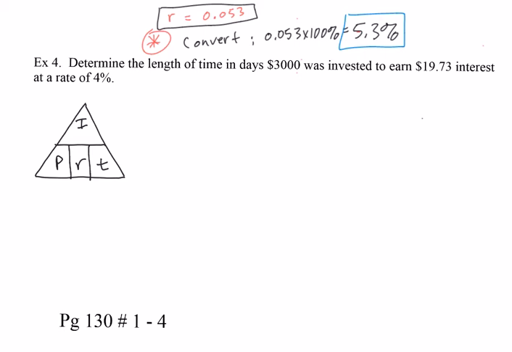So we're going to take our equation, I is equal to PRT, and we're going to solve that for time. And we can do that by using this specific chart. If I cover T on my chart, what it's going to tell me is that our equation is I over PR. So let's do that. So T is equal to I over PR.